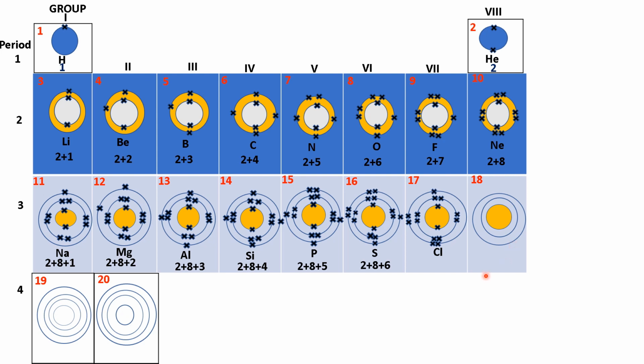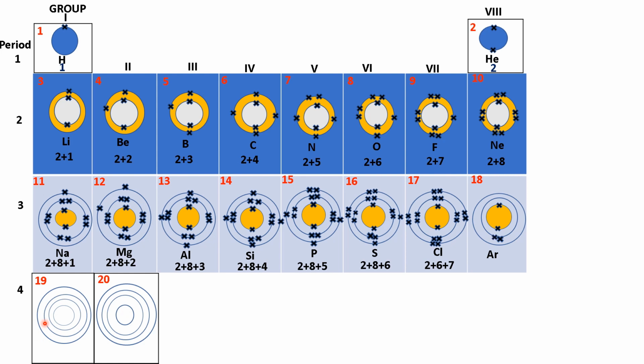The distribution of electrons is 2 plus 8 plus 8. We have 8 electrons in the outer shell, which are called valency electrons, so the number of group equals 8. So argon is present in group number 8, and according to the shells, 1, 2, 3, 3 shells, argon atom is present in period number 3.